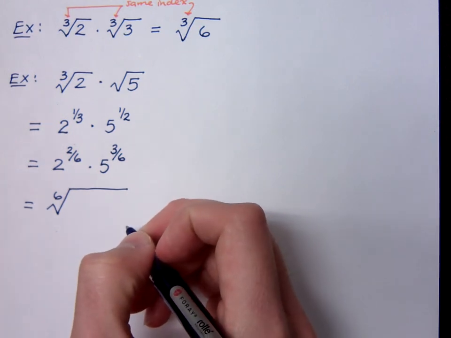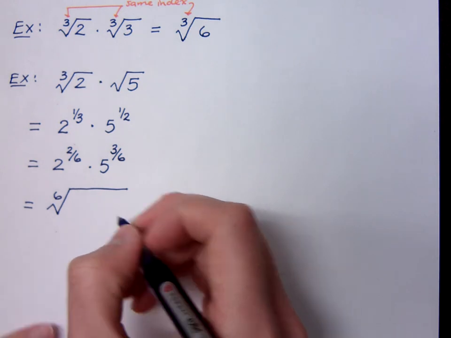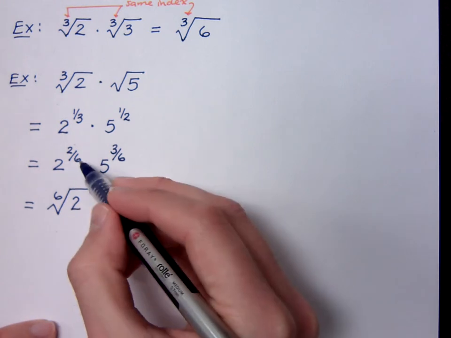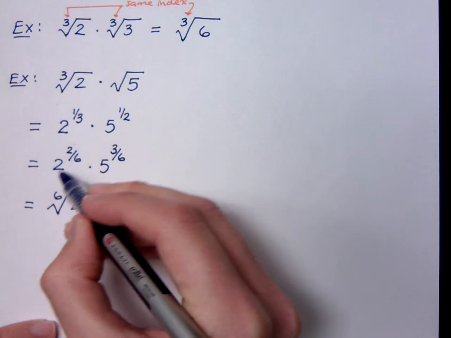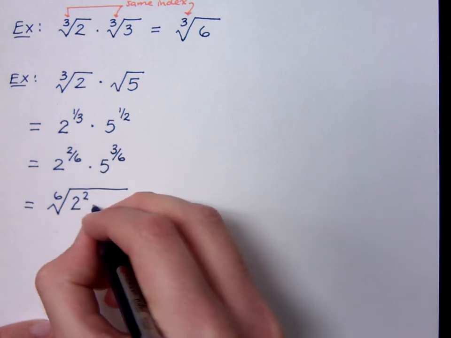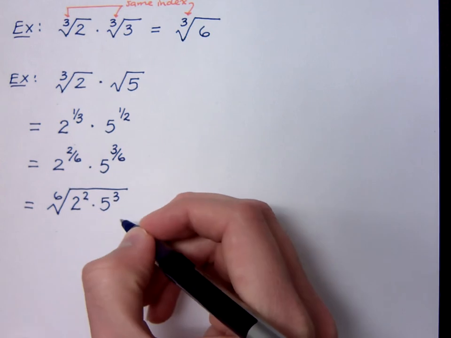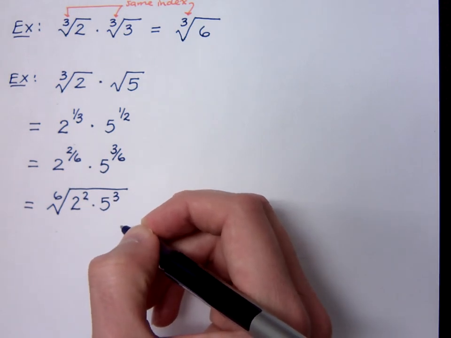What does the radicand look like here? It's not 2 times 5. Even though the 6 is for the 6th root, you've got 2 squared, and you've got 5 to the 3rd power. Right?